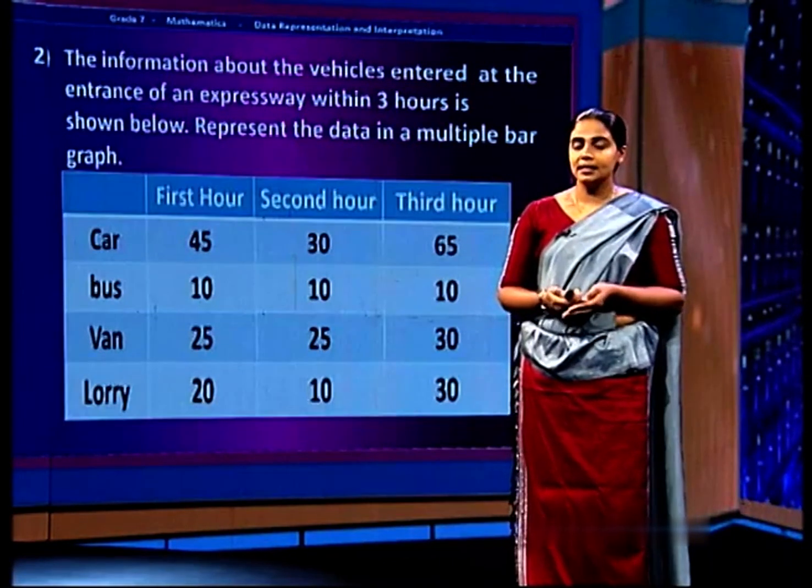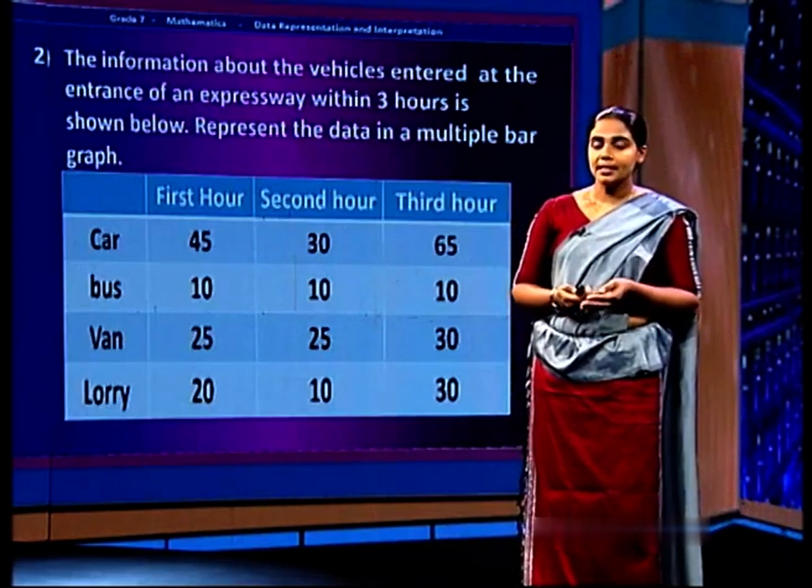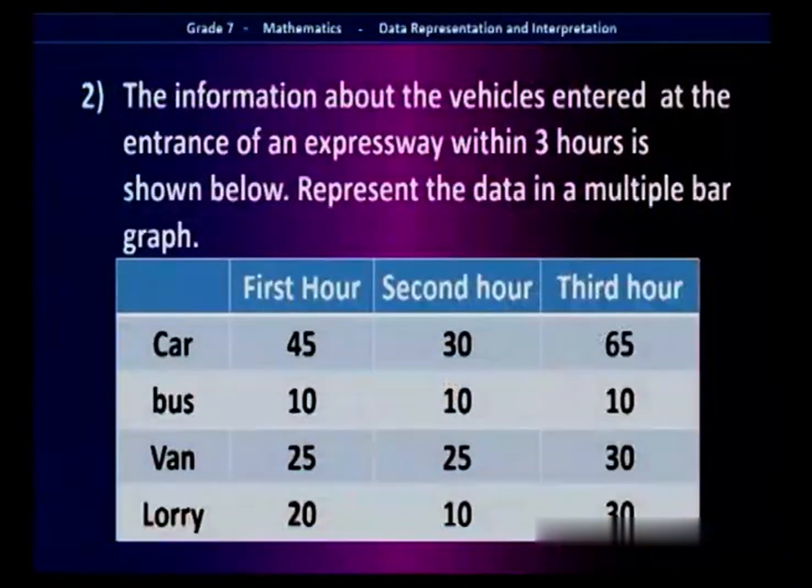Then the type of vehicle is given. What are the types of vehicles? Car, bus, van and lorry. There are 3 hours. In the first hour, number of cars 45, bus 10, van 25 and lorry 20. You can read them in the second hour and also in the third hour.